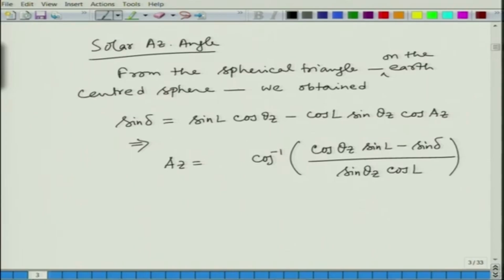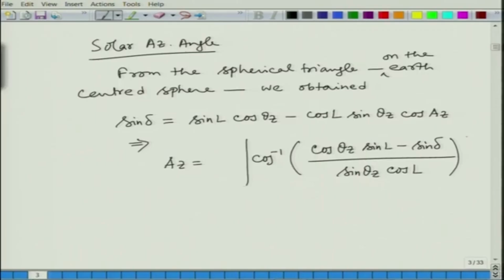Okay. But this particular expression can have both the signs, right. From just knowing the value of these angles will not tell you what would be the sign of this solar azimuth angle, right. So, we need to have something for the sign.